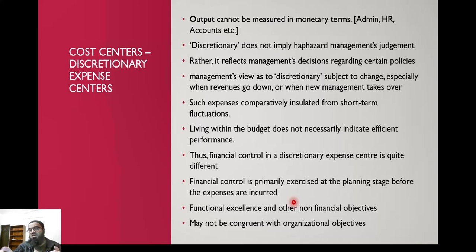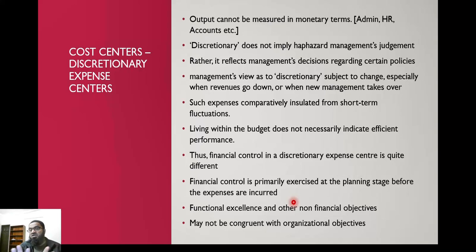To what extent you give discretionary power to your manager is very subjective, and therefore there is no single rule for the performance evaluation of discretionary cost centers, right? For an accounts department, for example, the management may fix that you may have only two more hirings in the next period. So the manager has no discretion to hire more; he can hire less, but he cannot hire more.